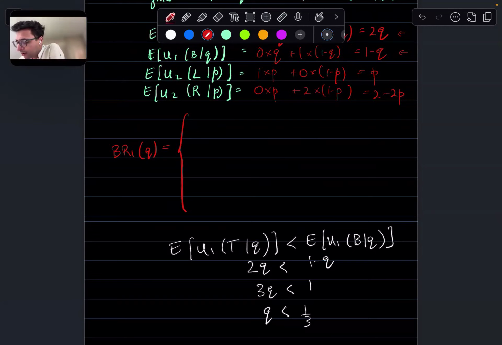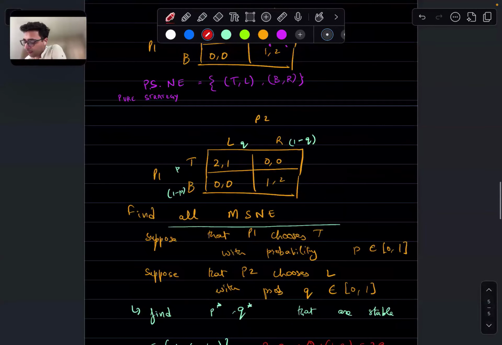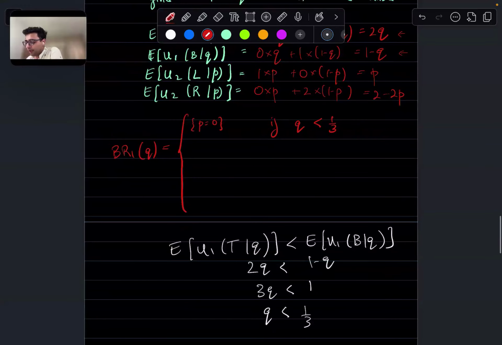Oh, sorry. By the way, choosing B means the same thing as choosing P equal to 0. Okay, a choice of B means that player 1 chooses B and not T. So if Q is less than 1/3, I choose B, P equal to 0.